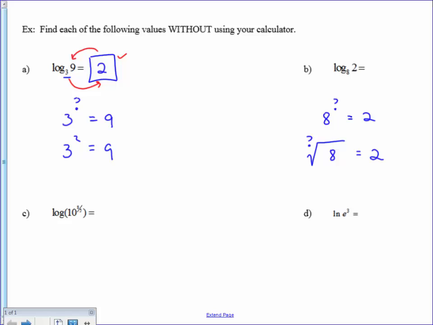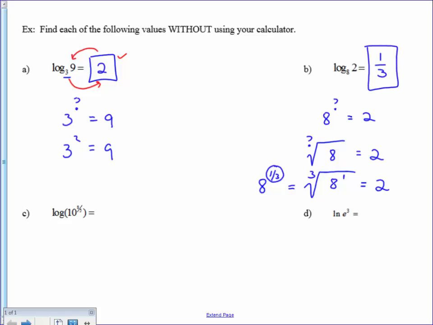Well, it can't be the square root because square root of 8 is a decimal number. In this case, we can see that it would actually be a cube root because cube root of 8 is 2. And then an equivalent way to write a cube root, there's an understood power of 1 on the 8, and so this is actually 8 to the 1/3 power. So on here, we're looking always for the power, and so this power would be 1/3.